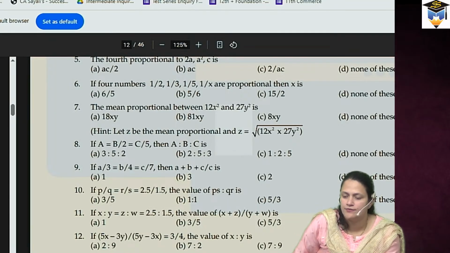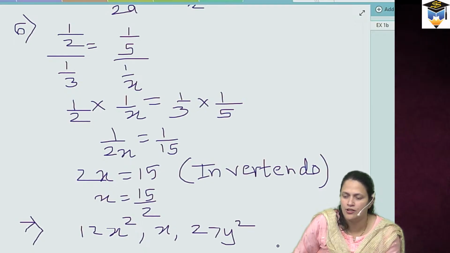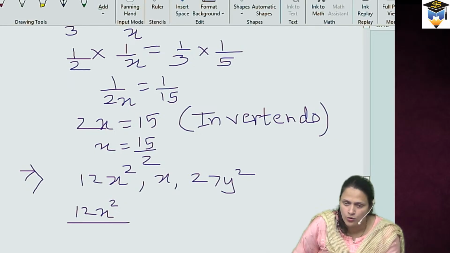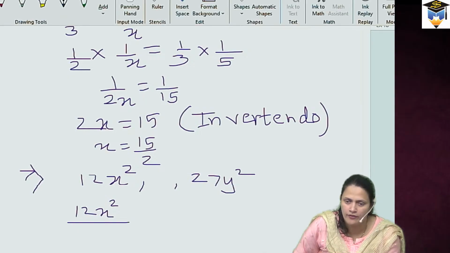So find out. Unknown x and 27y square. These three are in proportion. So I can write this down as 12x square upon x. Let us take this as a to avoid confusion.